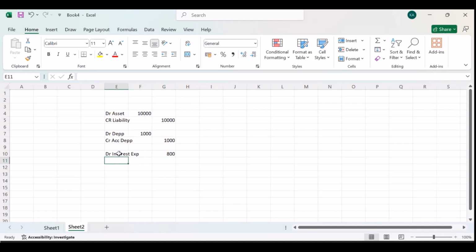Credit interest liability of 800. Good. So I've done my initial recognition. Subsequent recognition for the asset, I've done it by depreciation. Subsequent recognition of the liability, I've done it through what? Interest expense. Now what else? The payment. Now, remember this interest, debit interest expense and credit interest liability, is what? It's an accrual. You've accrued. Right? That's why you increase the liability.